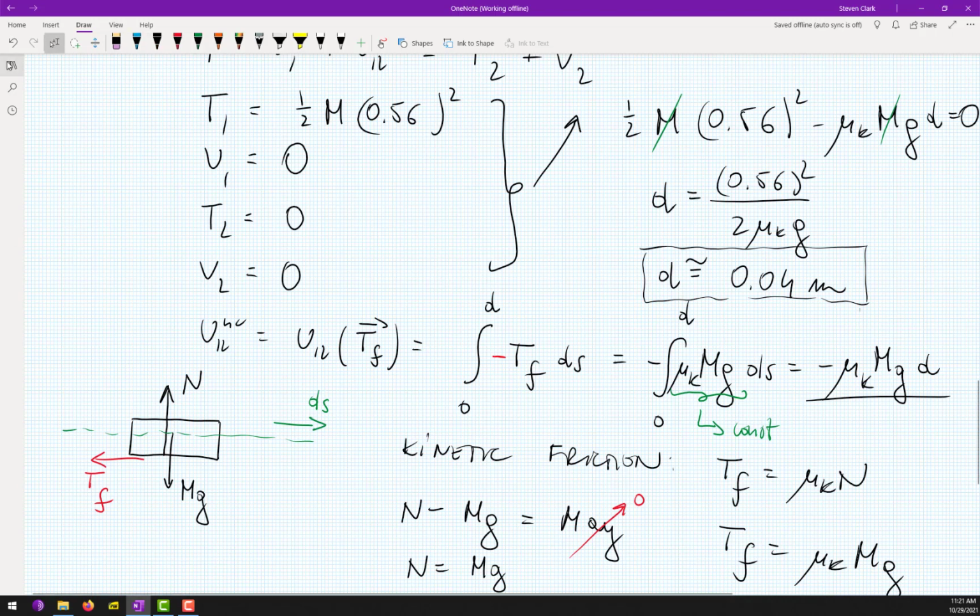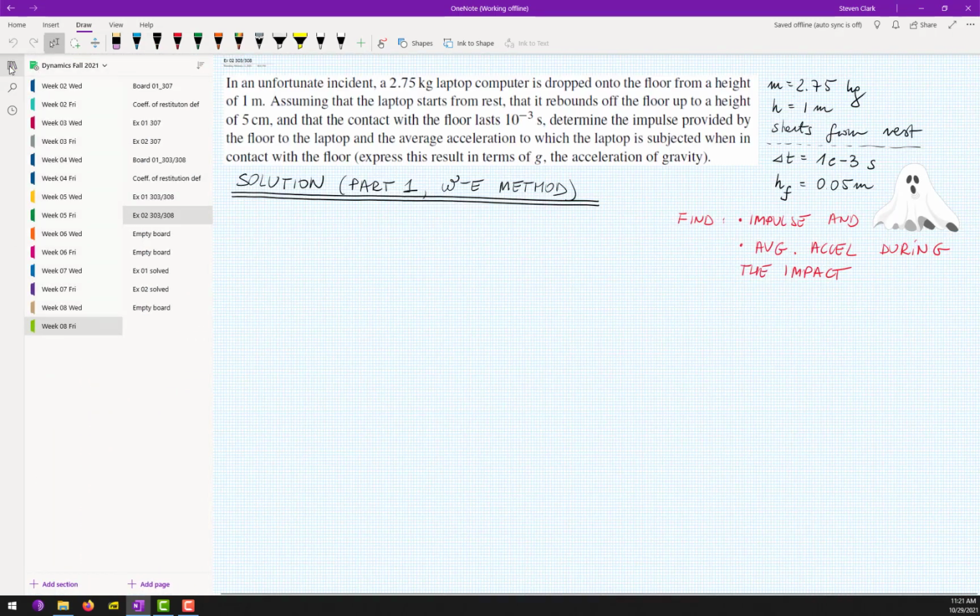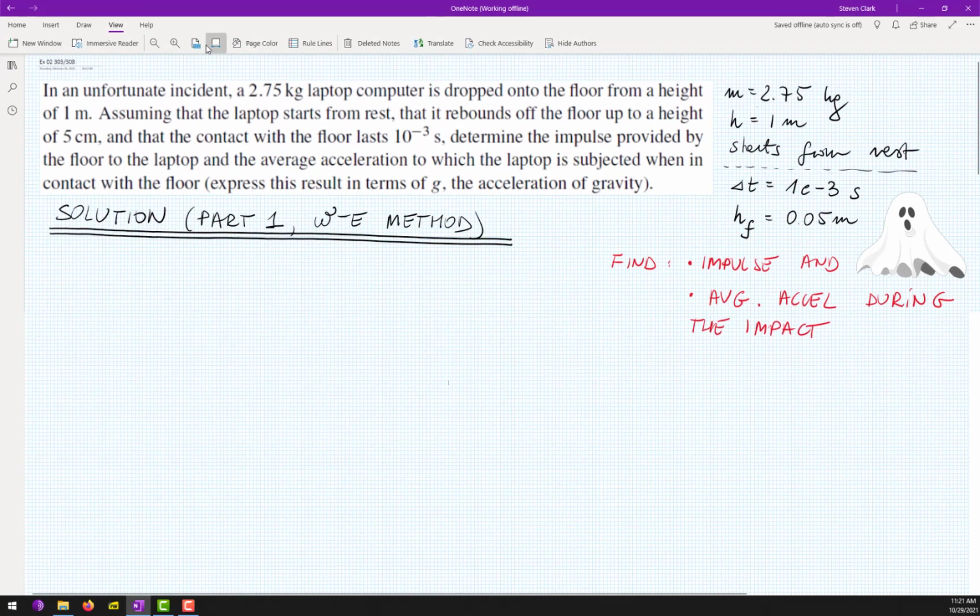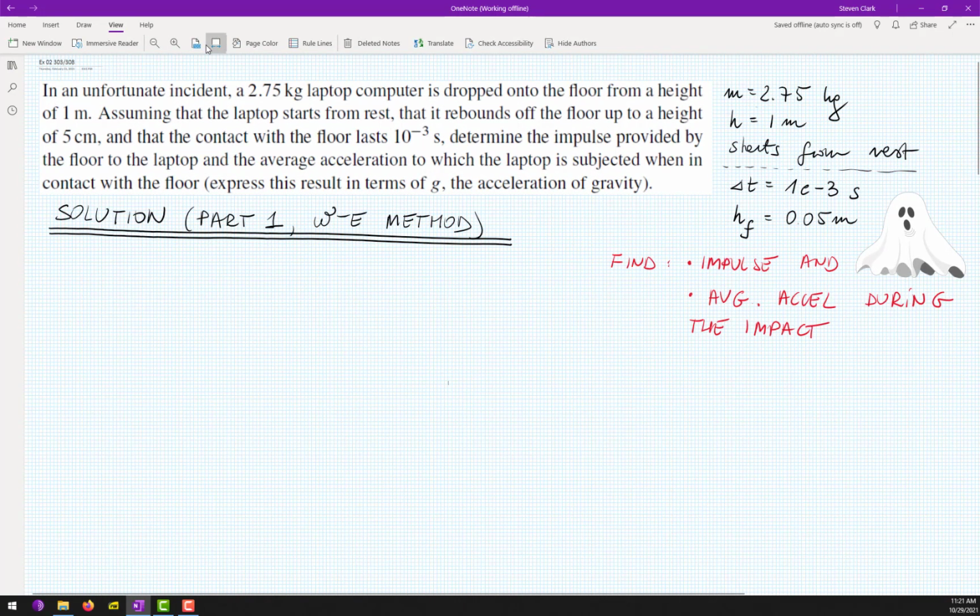So, example number 2. As usual, please familiarize yourself with the problem statement before we start our solution. Okay, so what do we have in here?